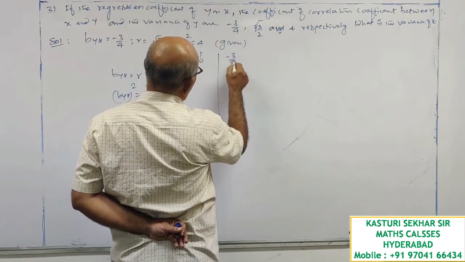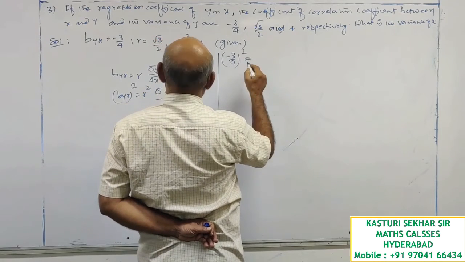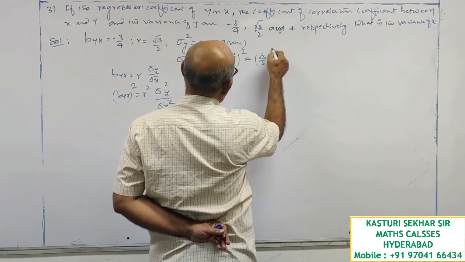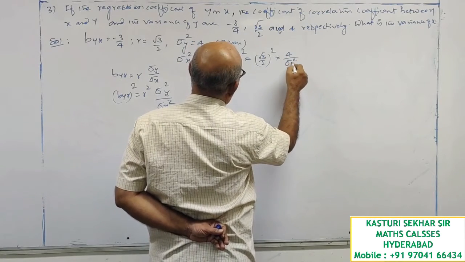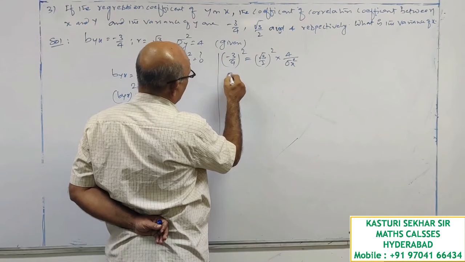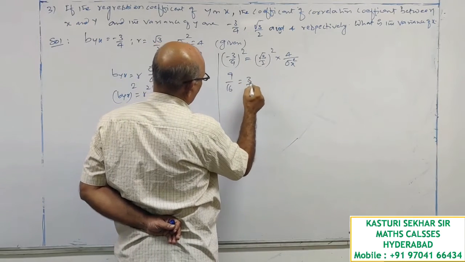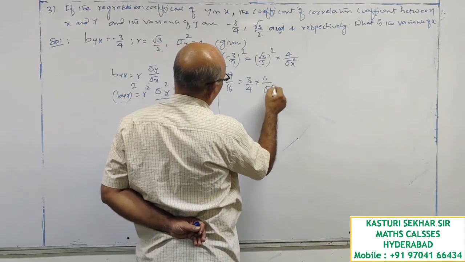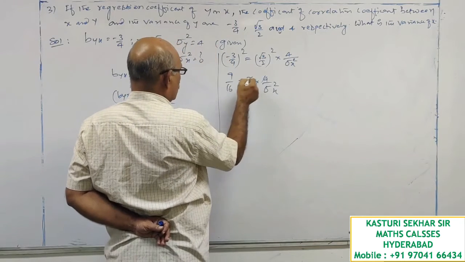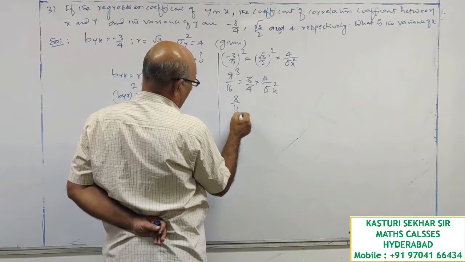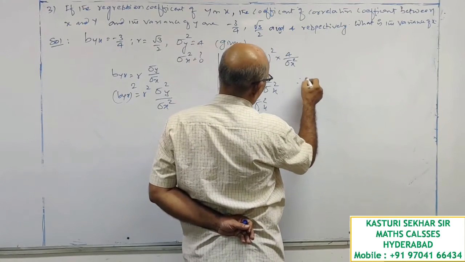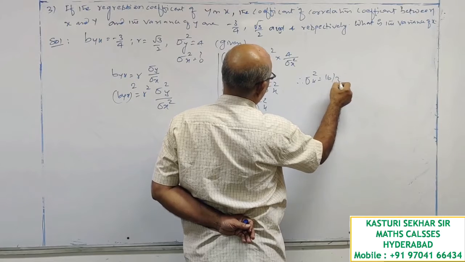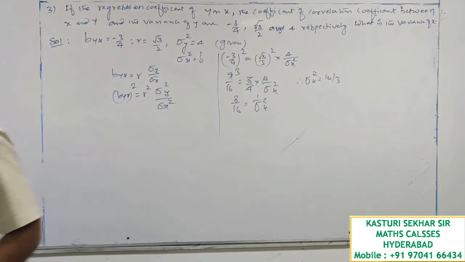So minus 3 by 4 whole square is equal to root 3 by 2 whole square into 4 by variance of x. 9 by 16 is equal to 3 by 4 into 4 by variance of x. 3 by 16 is equal to 1 by variance of x. Therefore, variance of x is equal to 16 by 3.